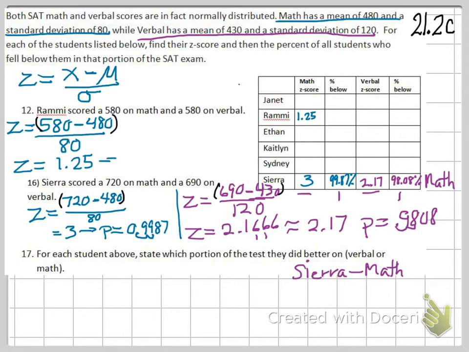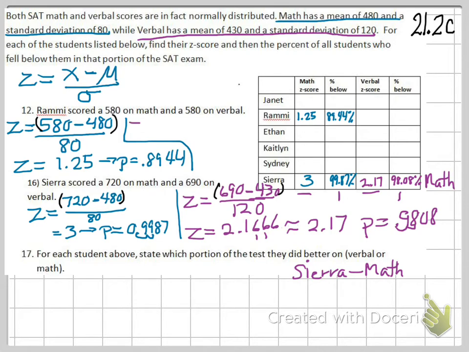That's the p-value over here in the table where the final answer goes. Move that decimal over, call it 89.44%.